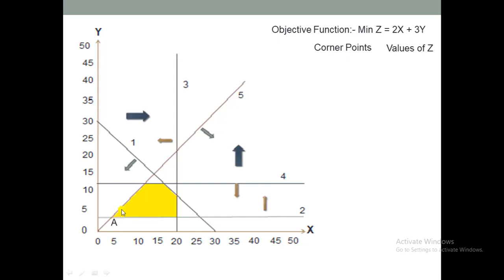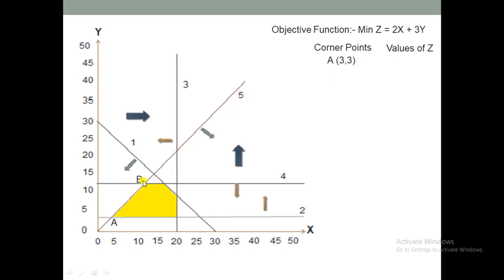Just put that value in the equation of the line, so it will be clear. Because this point is on the line x equal to y, once y is 3, x is going to be 3. So 3 comma 3 is the corner point.